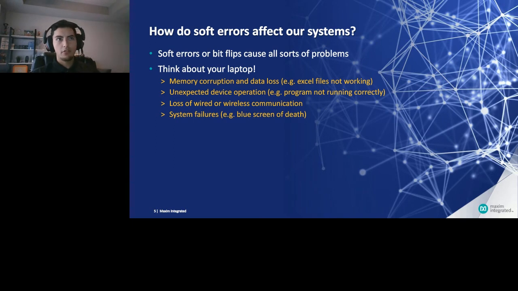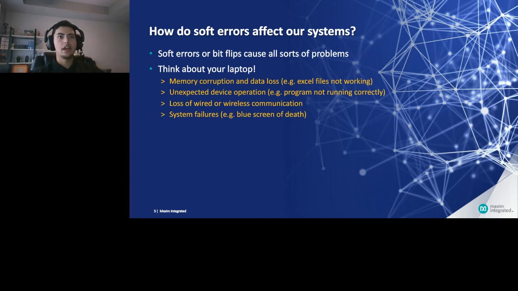Also, maybe programs not running correctly, loss of wired and wireless communications, or even the very well-known blue screen of death, right? Where all of a sudden you try to turn on your computer and you have the Windows blue screen that doesn't let you do anything with the computer.